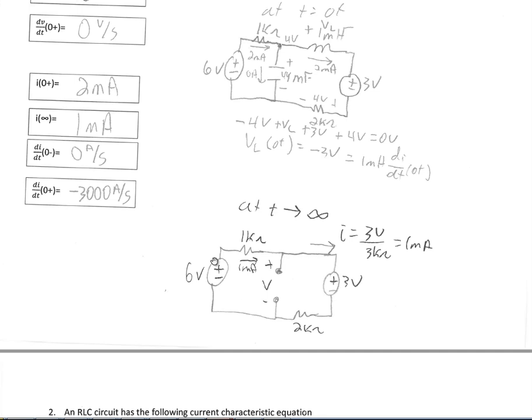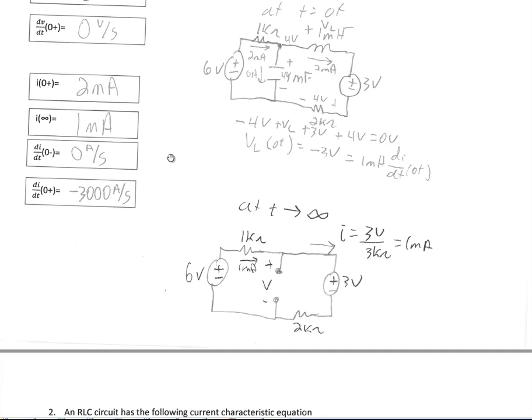We have a total of 3 kiloohms of resistance, and so our current is going to simply be 3 volts divided by 3 kiloohms, which gives us 1 milliamp. And that amount of current is what is flowing in this whole loop. That amount of current is what's flowing through the inductor. So our I of infinity is 1 milliamp.